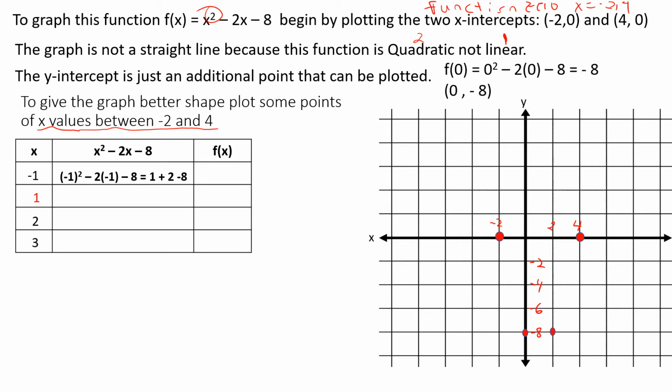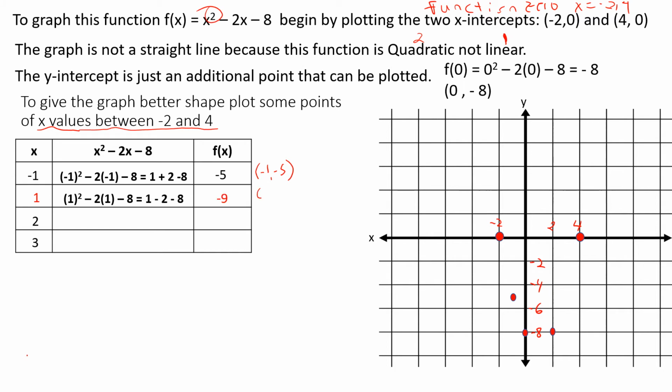So I'm going to take the first one and plug in -1 into the function, and I end up getting (-1, -5). I'm going to go ahead and graph that. Plug in 1 into our function, and we end up with -9.